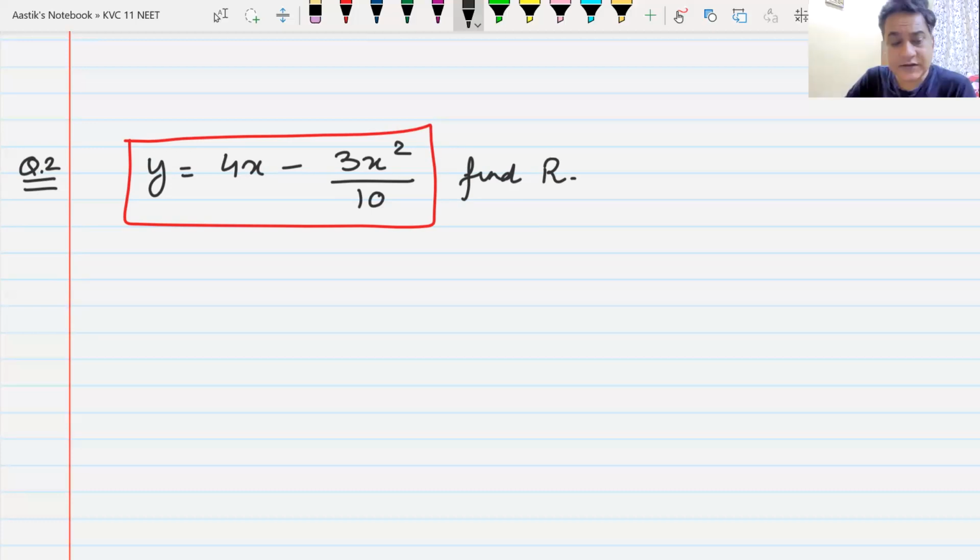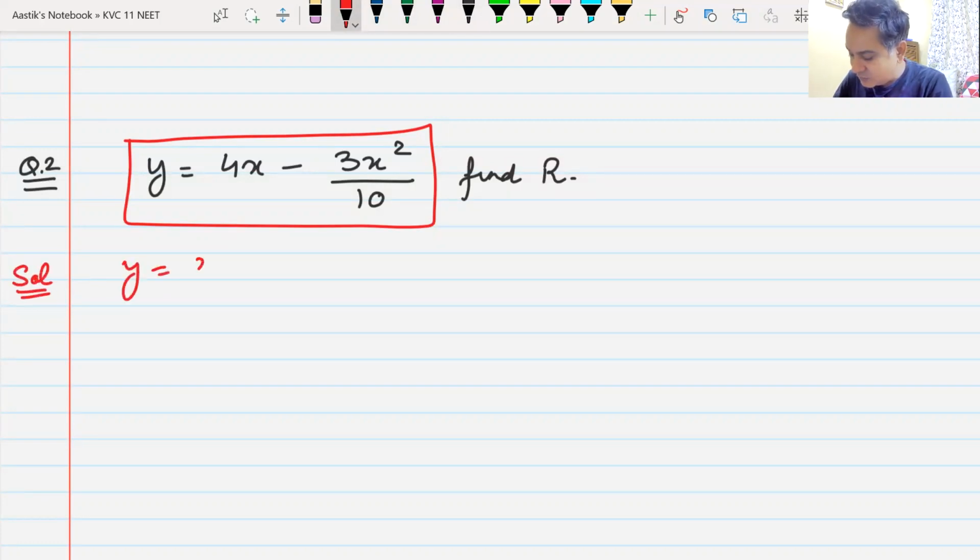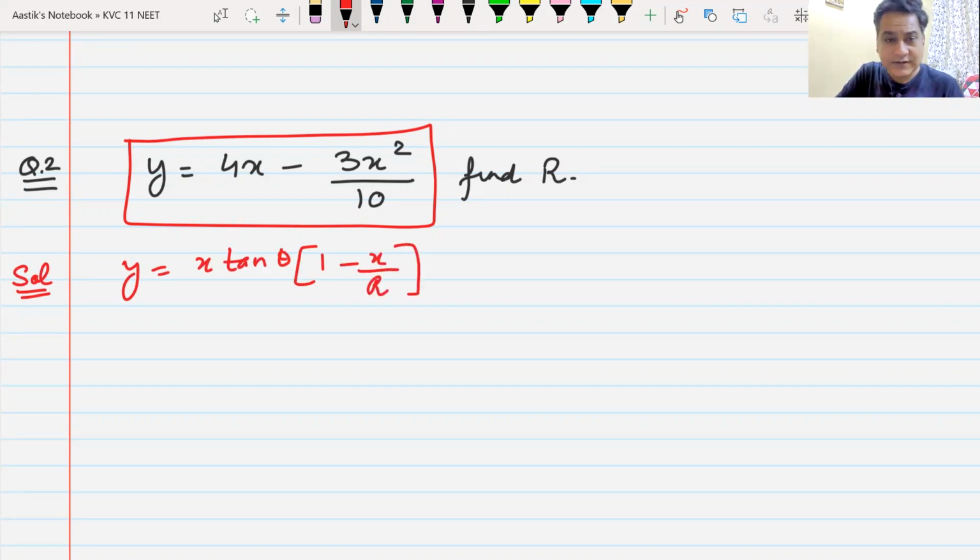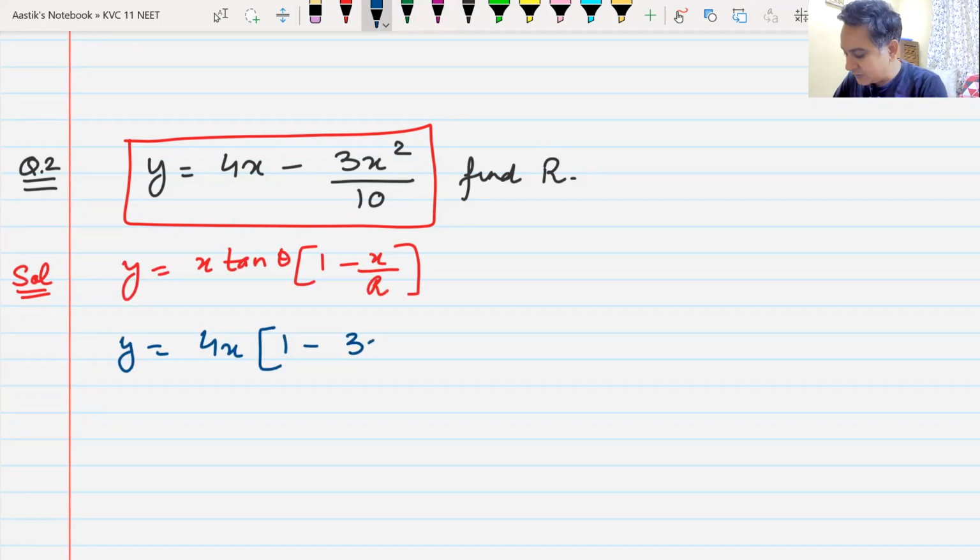This is pretty simple. Again, I need to compare it with the equation that I know has range. Which equation has range? I will write that equation: y is equal to x tan theta into 1 minus x by R. I just try to rewrite the first equation in this form. Y is equal to, everything with x will come out, 4x. So I have 1 minus 3x square by 10.